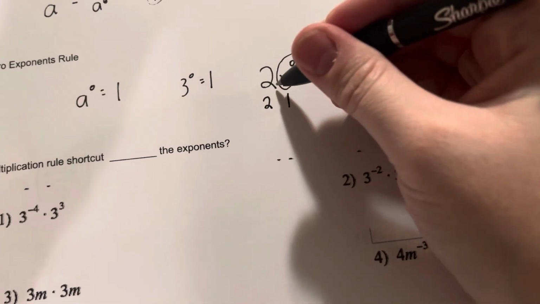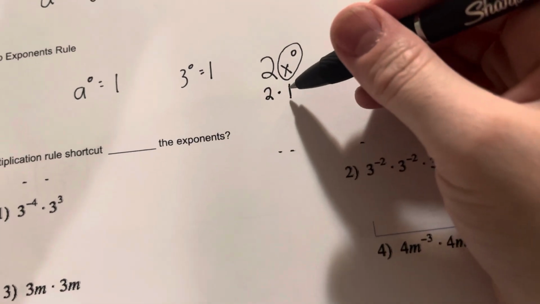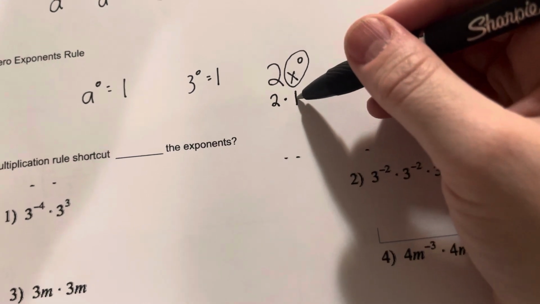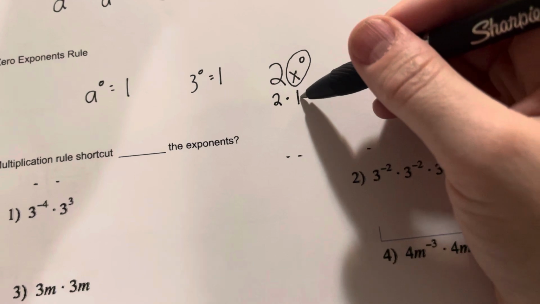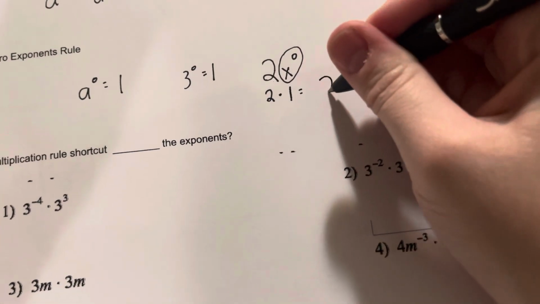And those two numbers are being multiplied together. It's not 21, okay? Those two numbers are being multiplied together. So we could just take the coefficient times 1. 2 times 1 is 2.